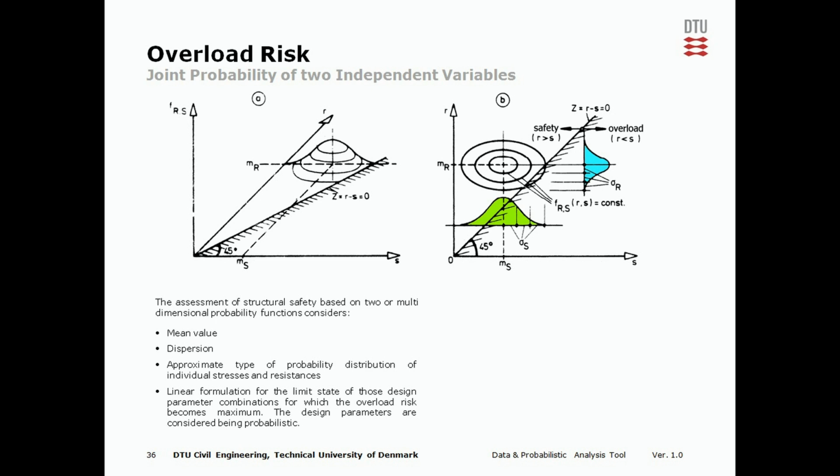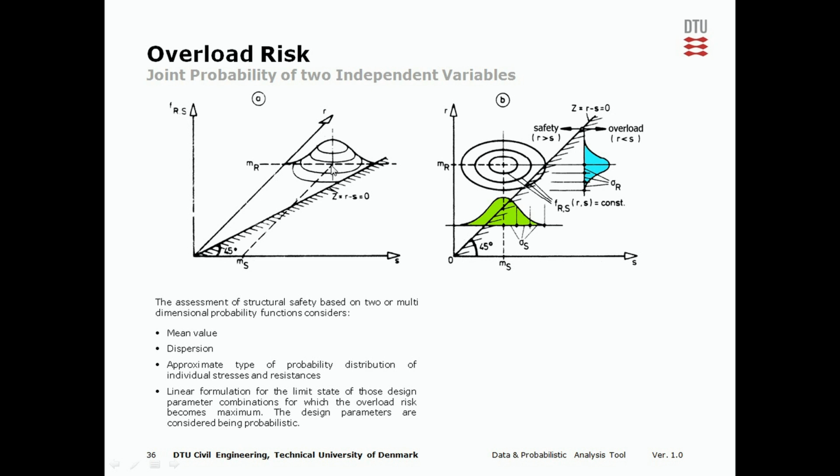Combining the probability of a specific stress value with the probability of a specific resistance value gives us the joint probability. If we apply that to all values in the stress and to all values in the resistance, we do get the joint probability. And this is in the Cartesian coordinate system reflected by this hill-like shape.